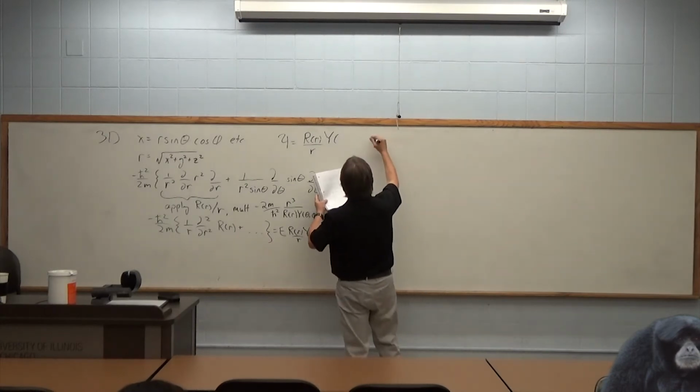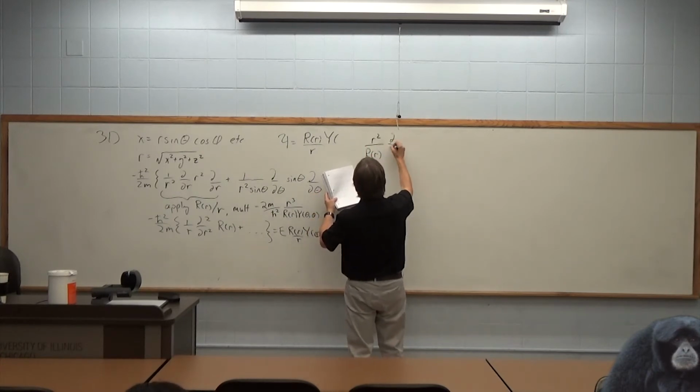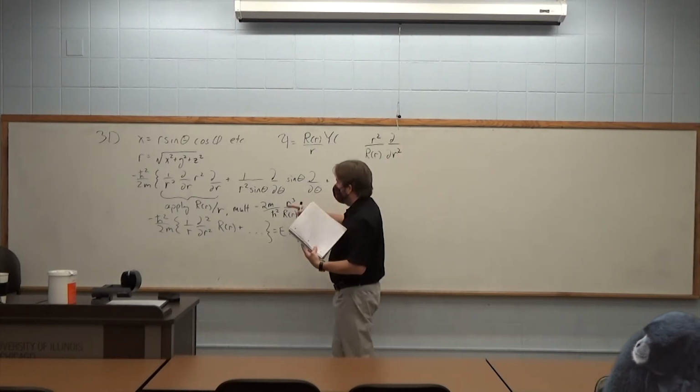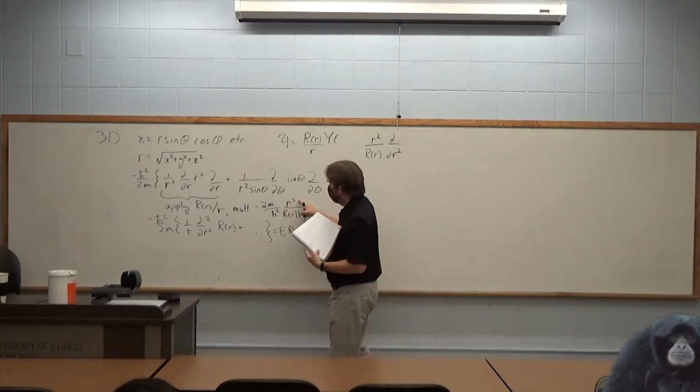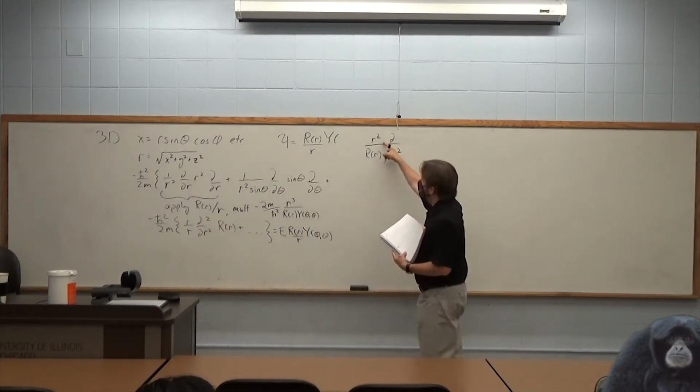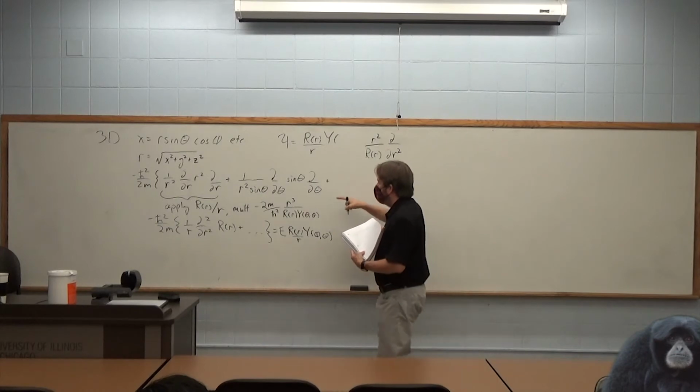Okay, so what you end up with is r squared. Here's a radial bit. Let's make sure it makes sense. R cubed, that's on the left, and I have this 1 over r, and so I have an r squared. So everything makes sense.